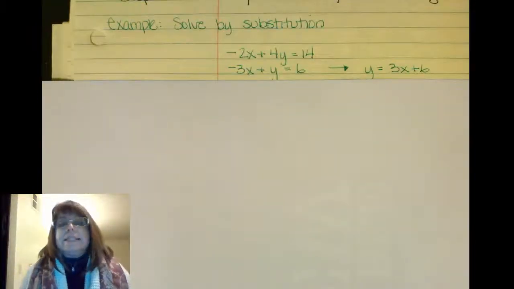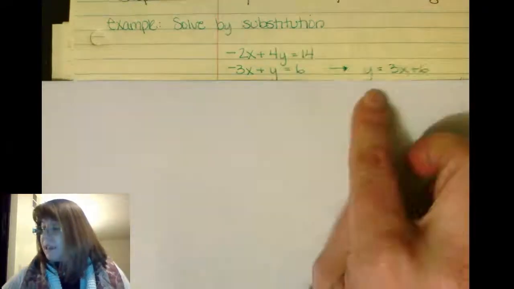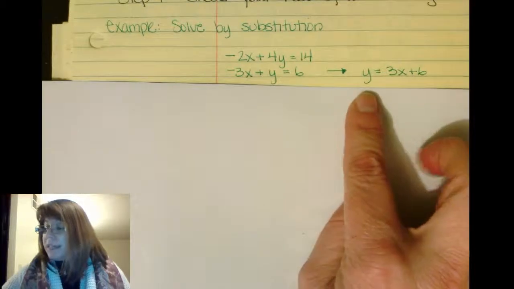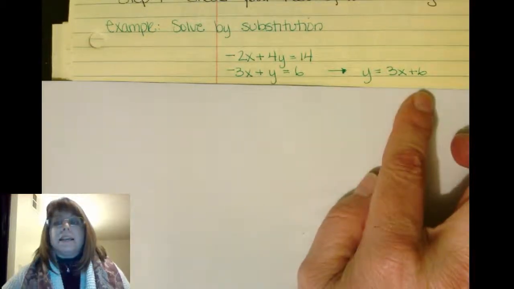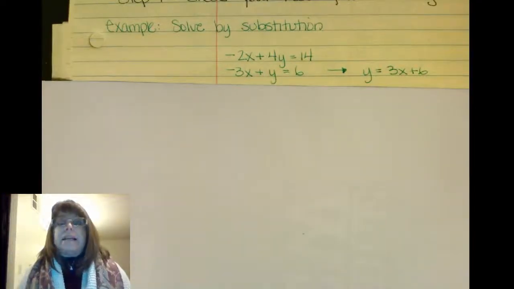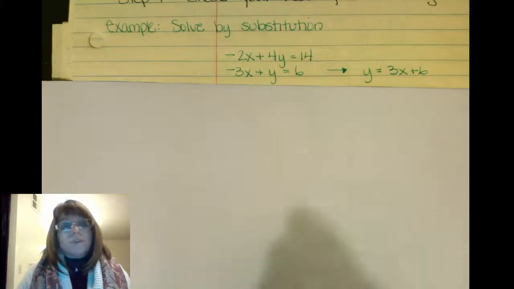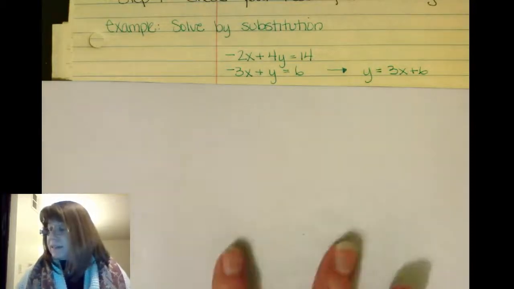So here is a system, negative 2x plus 4y equals 14, and negative 3x plus y equals 6. For my second equation, it looks like it's easier to solve for y, so I'm going to go ahead and solve for y, and that would be y equals 3x plus 6. Now that I know what y is, I can plug y equals 3x plus 6 into the first equation, wherever y is.